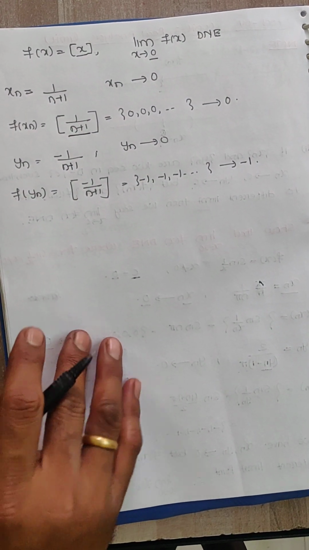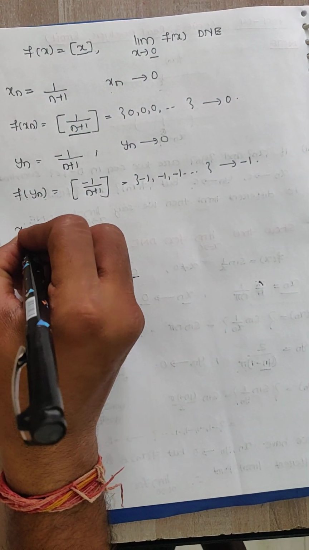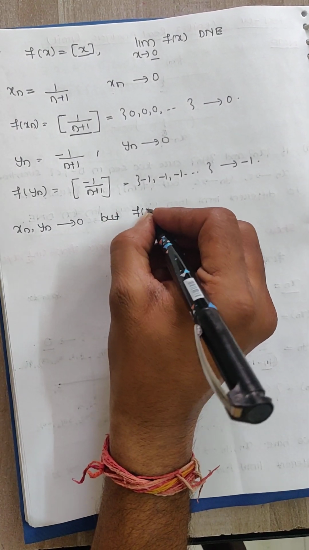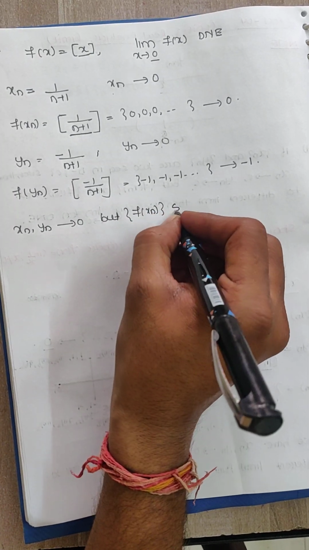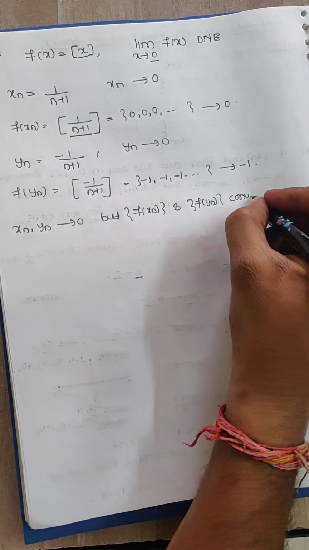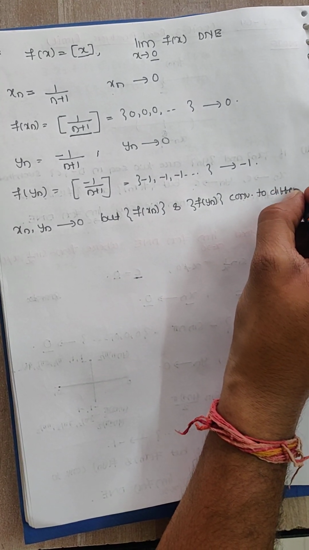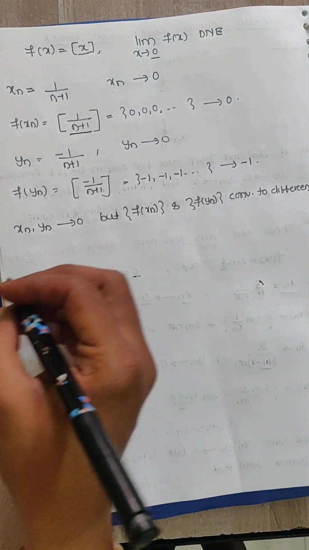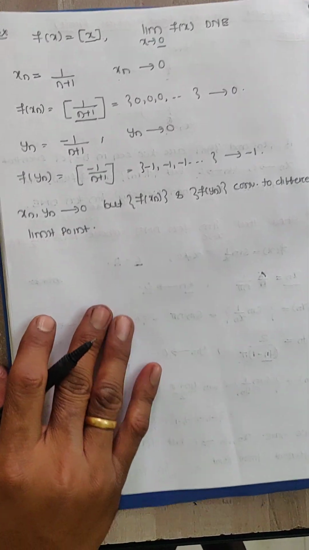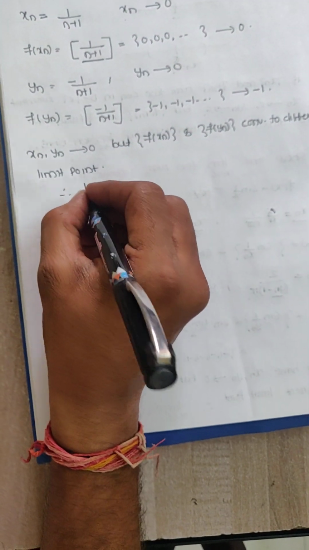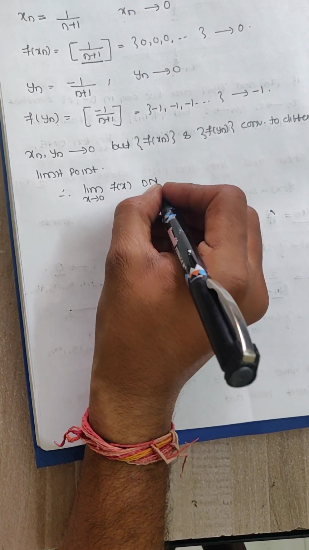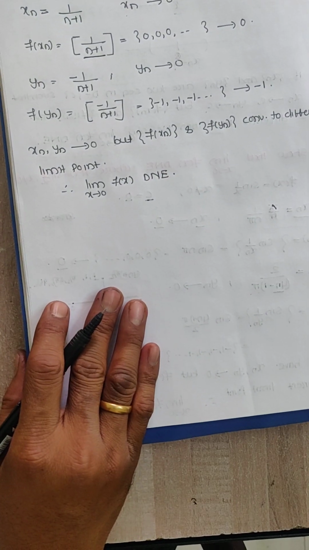So here we have two sequences x_n and y_n converging to 0, but f of x_n and f of y_n converge to different limit points. So I can say that limit x tends to 0, f(x) does not exist.